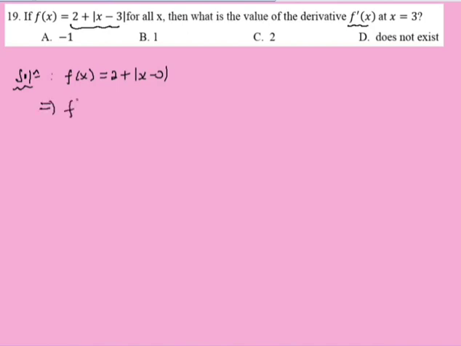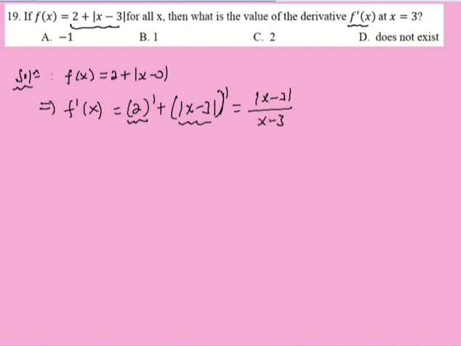So its derivative becomes the derivative of 2, which is 0, plus the derivative of the absolute value of x minus 3, which is absolute value of x minus 3 over x minus 3. So this is our first derivative.